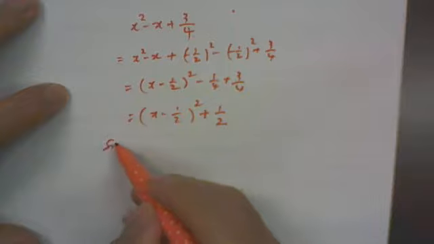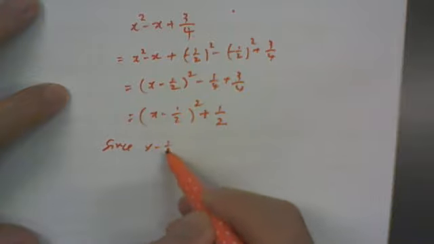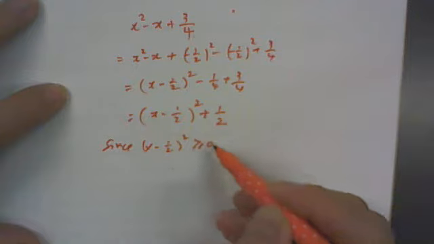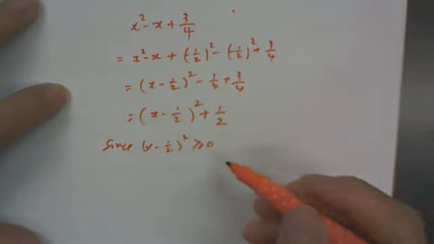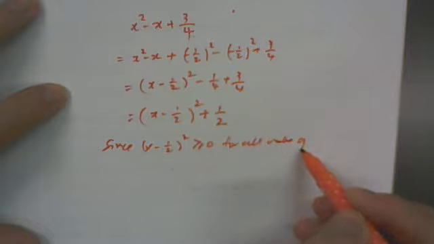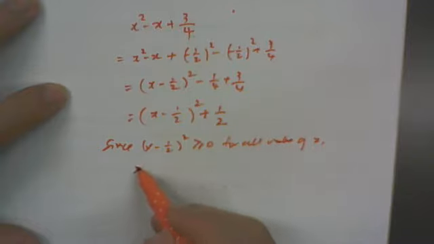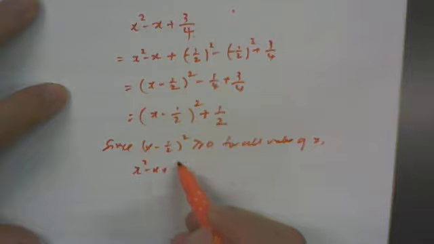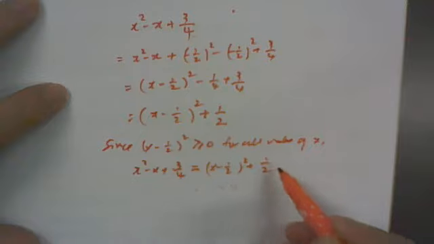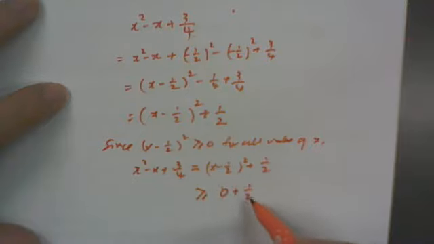So since (x minus 1/2) squared is greater than or equal to 0 for all values of x, this expression, which is (x minus 1/2) squared plus 1/2, will always be greater than or equal to 0 plus 1/2, which is always at least 1/2.